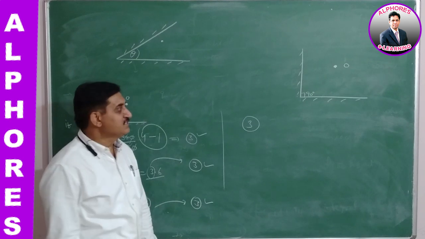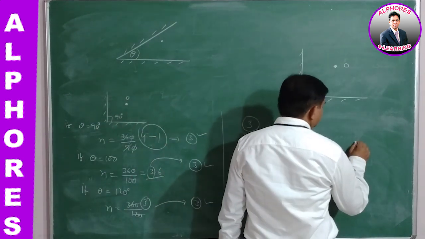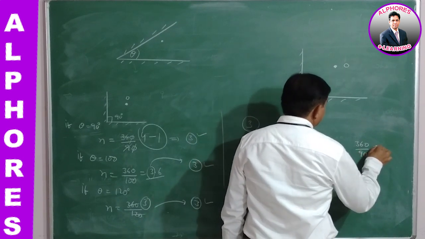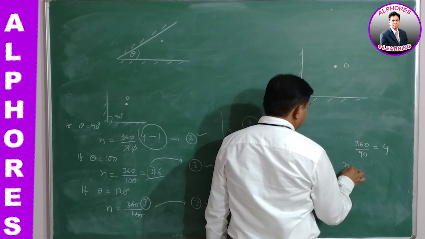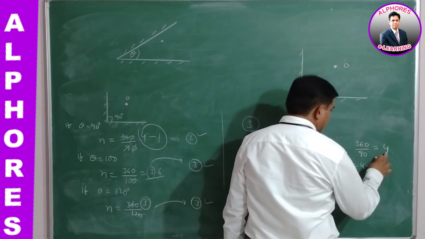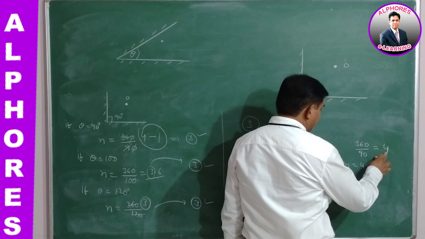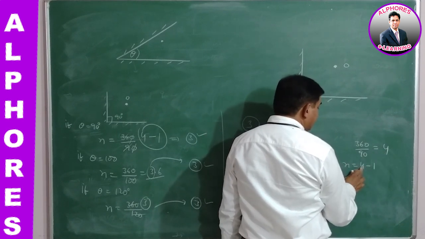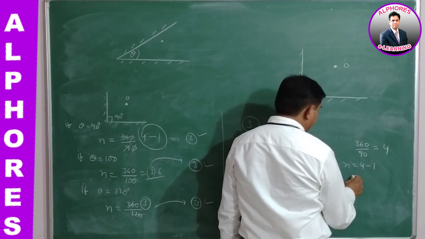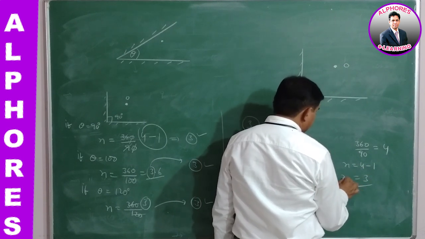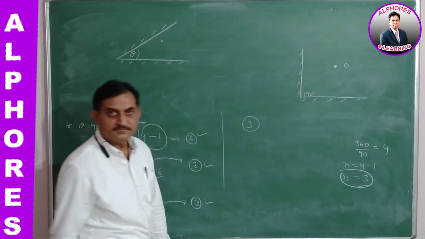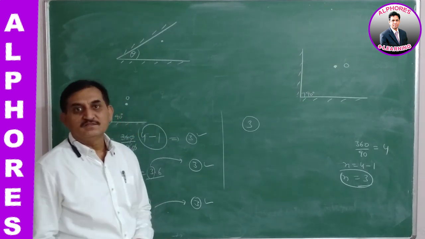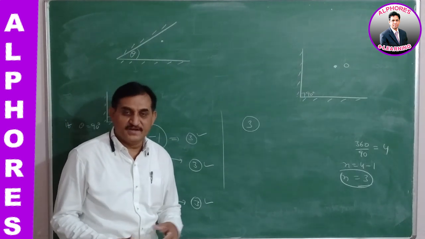The number of images formed will be 360 by 90, which gives 4, and since it is an even integer, the number of images formed will be 4 minus 1, equal to 3 images. So how are these 3 images formed by the ray diagram? How can we understand this?